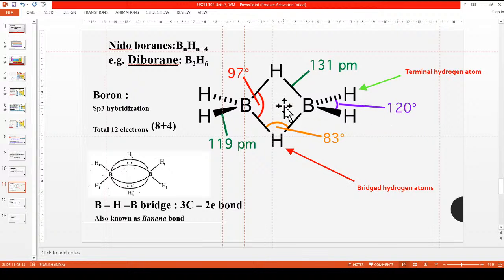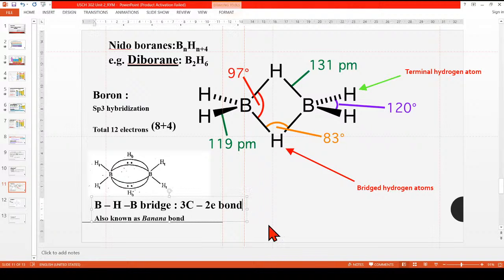When diborane was formed, there was no boron boron bond. So there was no boron boron bond in it.